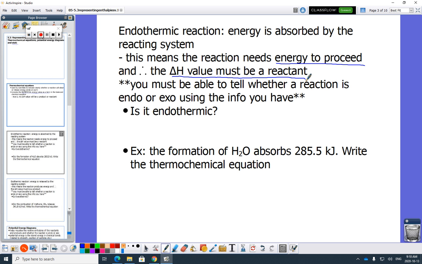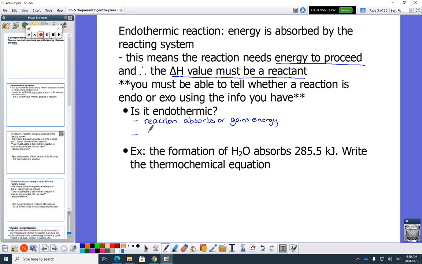So a less obvious way is if it talks about absorbing or gaining energy, then it's endothermic. And then there are quantitative ways as well.